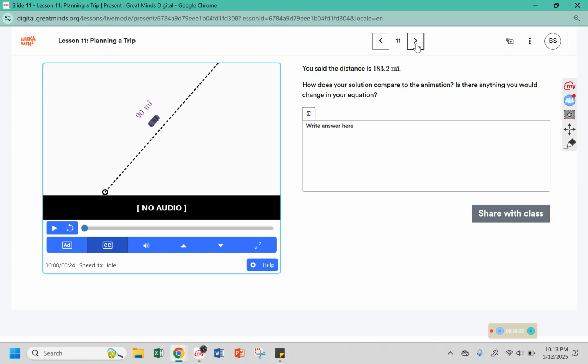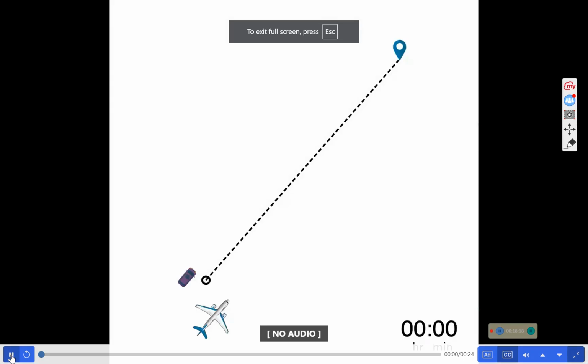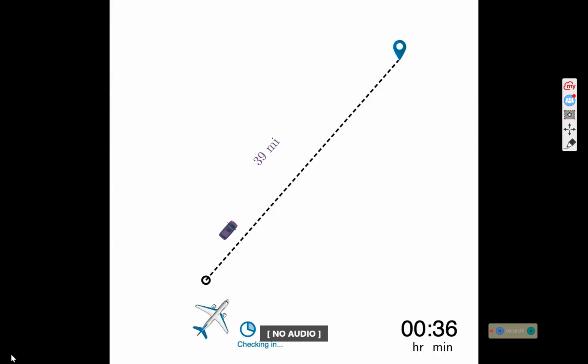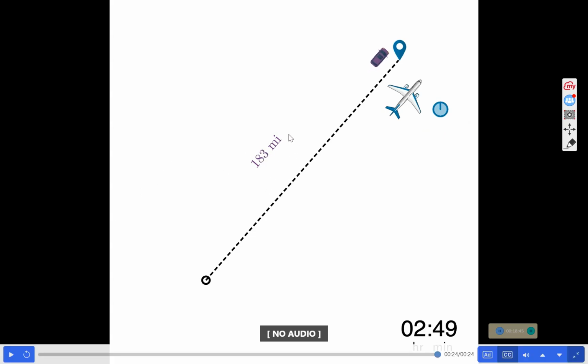You said the distance is 183.2 miles. Does your solution compare to the animation? Is there anything you would change in your equation? So it had 183 miles.